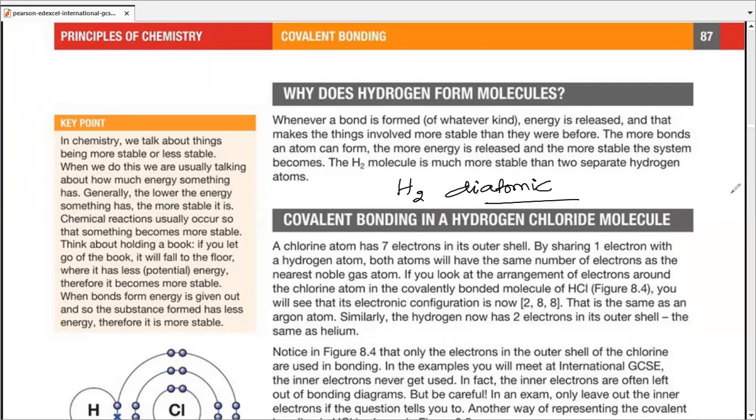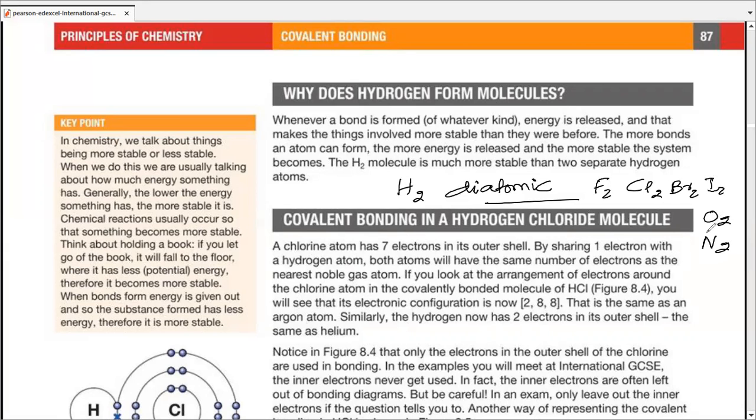naturally. And it's not just hydrogen that is going to prefer it. Let me tell you that fluorine, chlorine, bromine, iodine, or even oxygen and nitrogen are going to follow the same example.